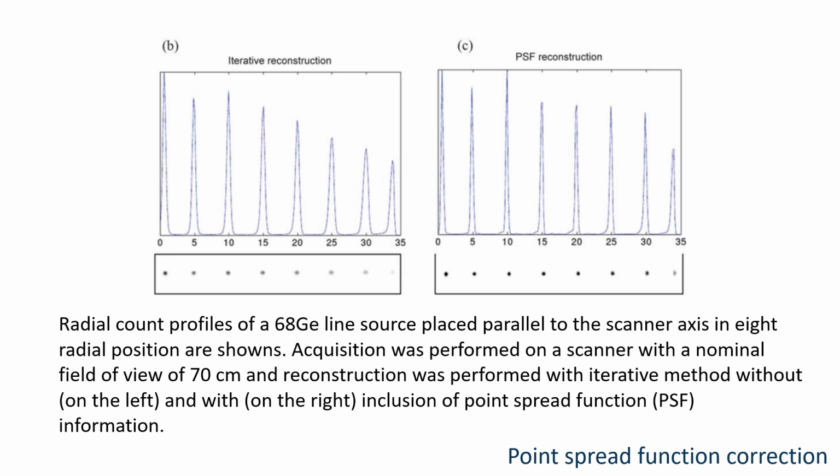And we see that the decreasing height of the different positions moving from the center to the edge of the field of view is compensated with the use of the correction.